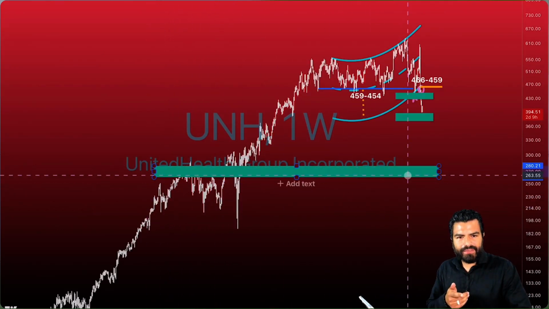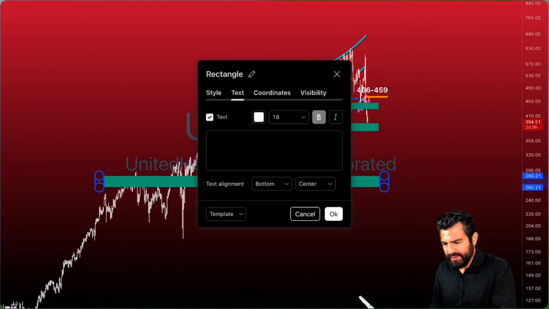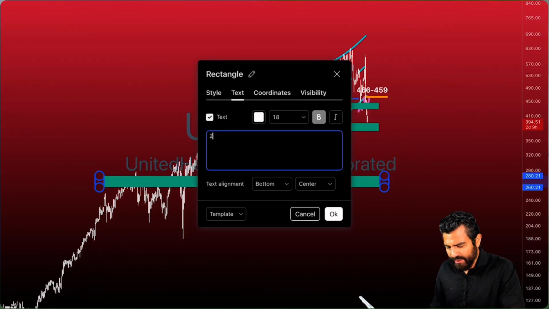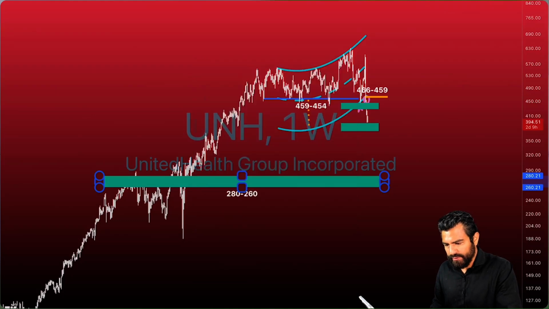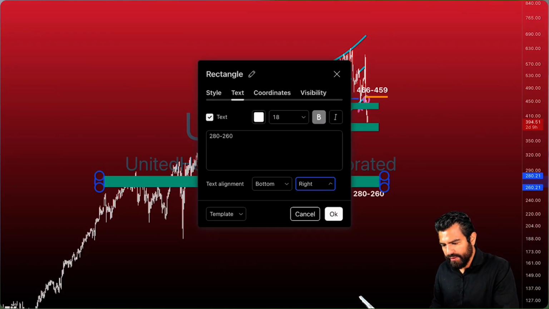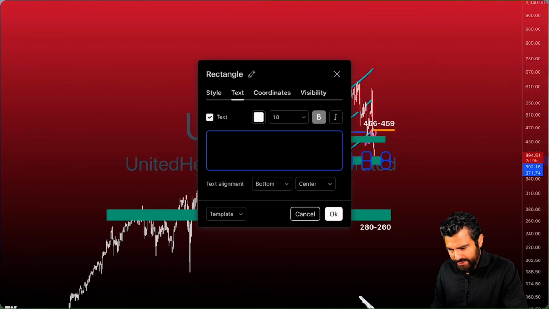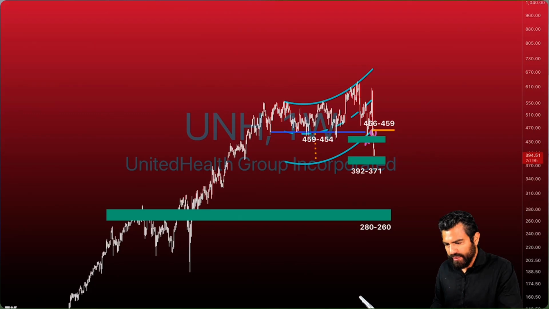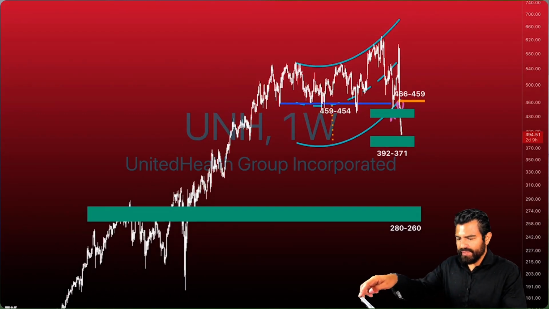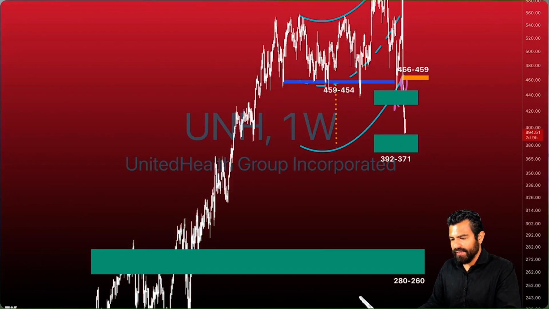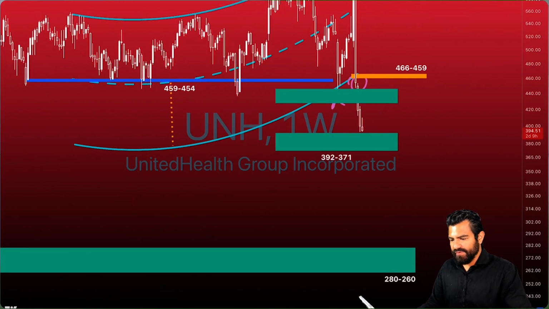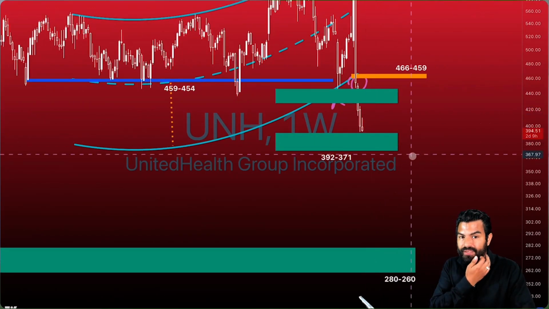So probably this target right here is going to be more valuable to you. $280 to $260. So that would be my bet if things go south here, if you don't get the bounce. 392 to 371. Companies that have a lot of money invested in this, in United Health Group Incorporated, might be in for a world of hurt if you don't get the bounce here.